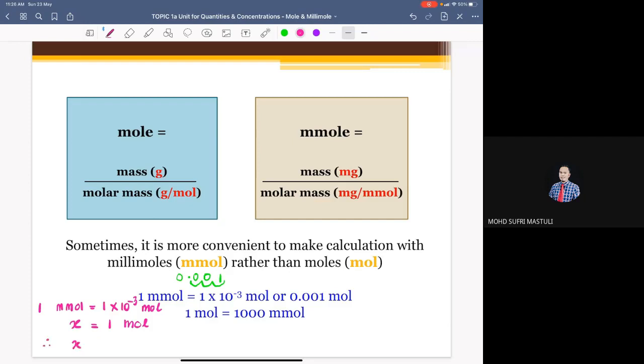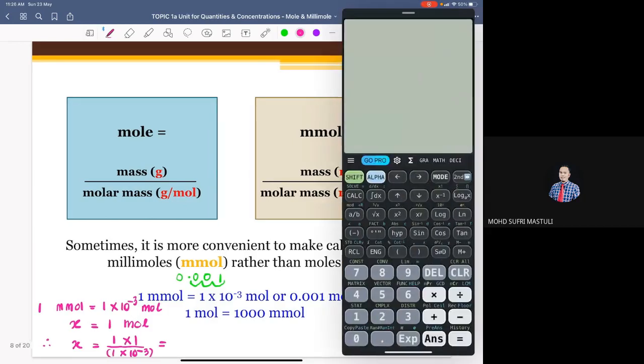Therefore x is 1 times 1 over 1 times 10 to the power minus 3. So 1 times 1 is 1, divided by 1 times 10 to the power minus 3.